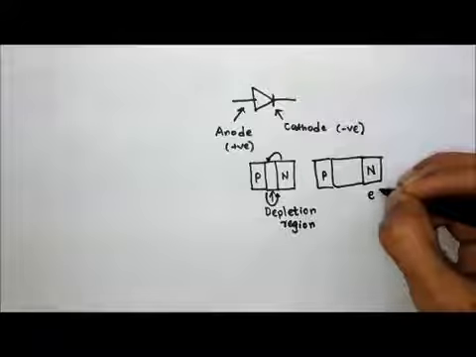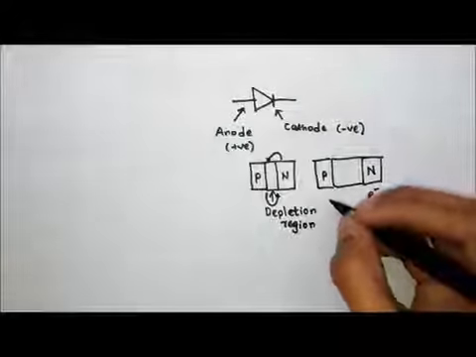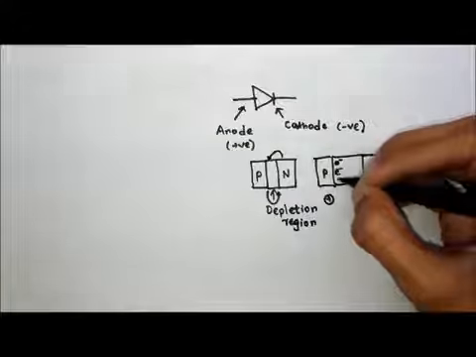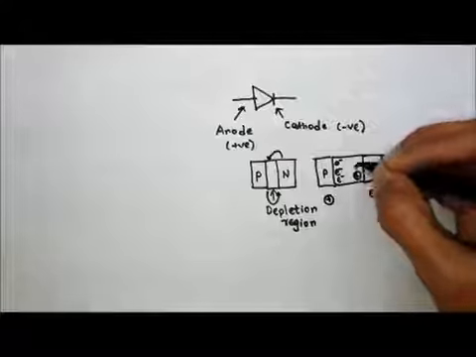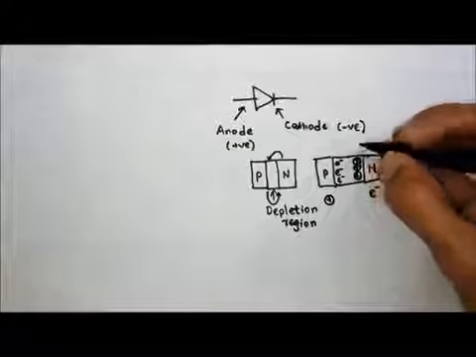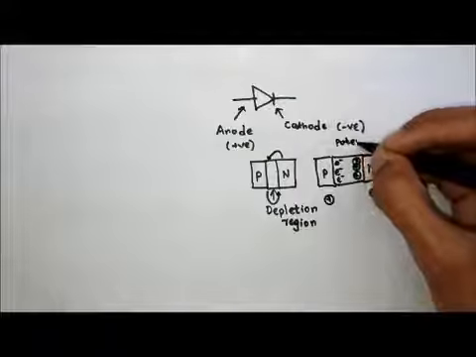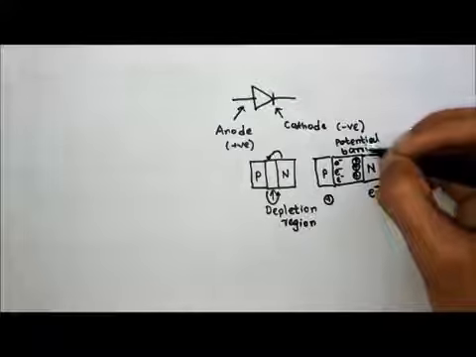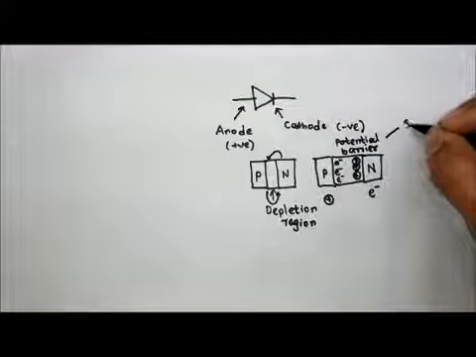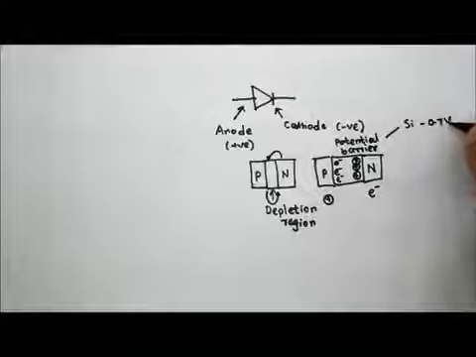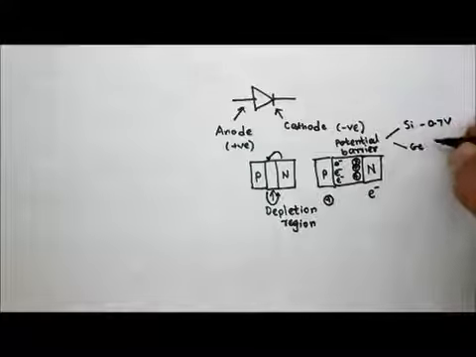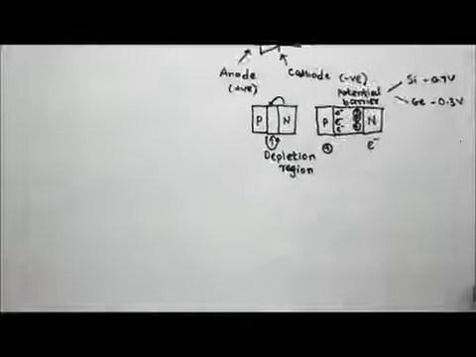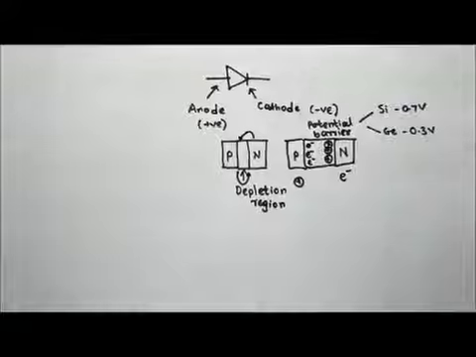We know N-type semiconductor contains electrons while P-type contains holes. So electrons will cross over and holes will cross over, and this creates a potential barrier, which is for silicon 0.7 volts and for germanium it is 0.3 volts. So basically this is what a diode is.